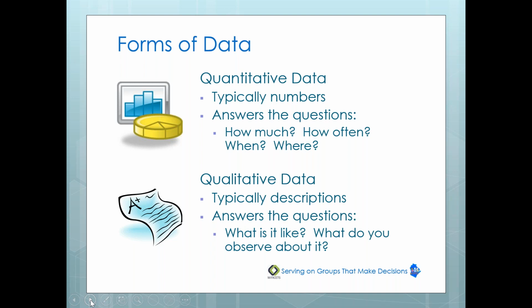So key questions to ask about data that your group uses are on page 40 of your handout, that's section 6 in your guidebook. And so these questions include things like, what kind of data does your group use? Where does it come from? How does the group use the data to make informed decisions?